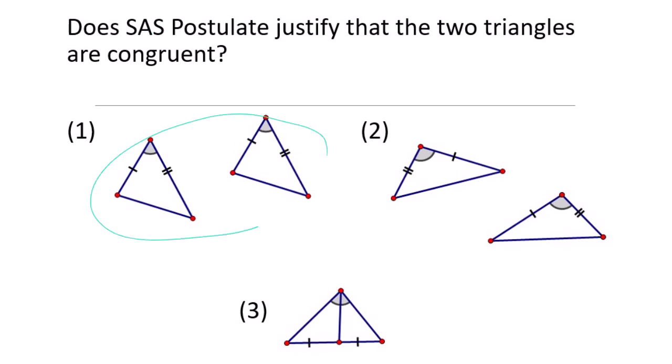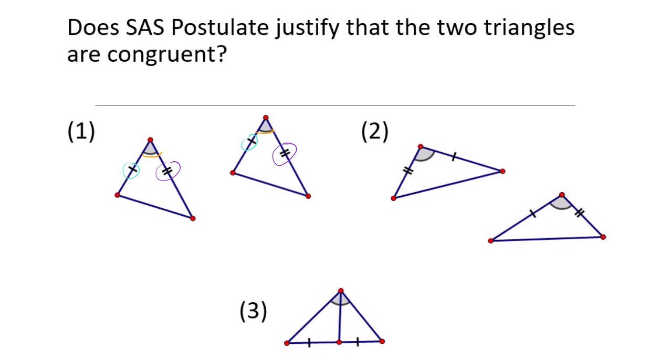So we have these two triangles here, and here we have one side congruent to another. Okay, we have a second side on the first triangle congruent to the second side on the second triangle, and then we see that there's an angle that they have that's congruent in both triangles, right?